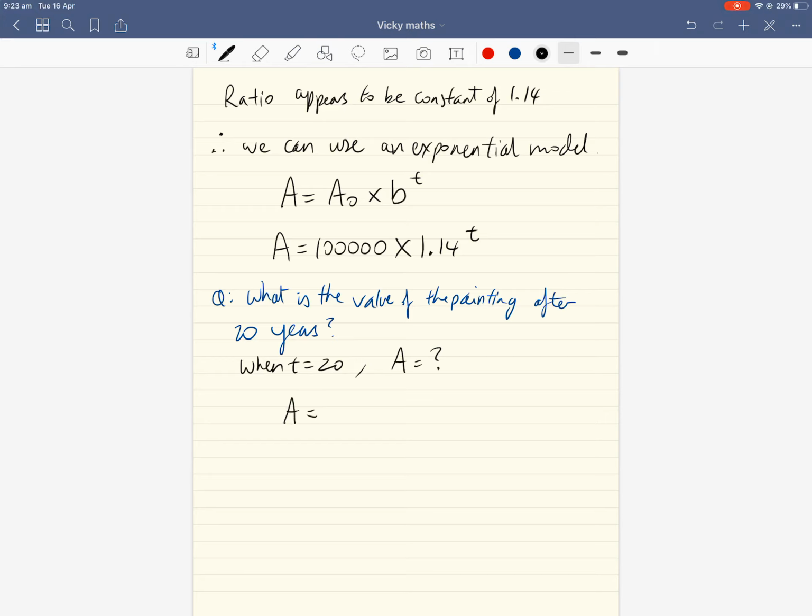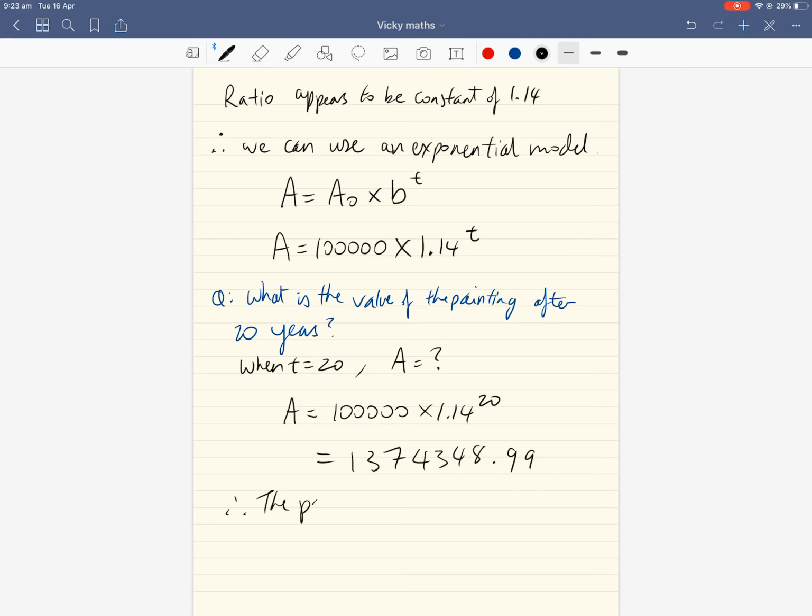So using the formula from above, 100,000 times 1.14 to the power of 20, using a calculator, you get 1,374,348.99.